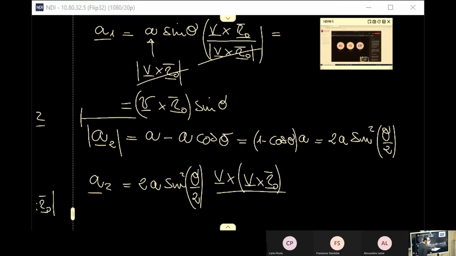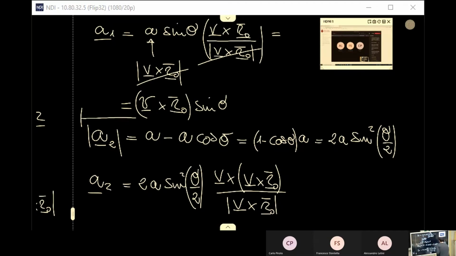Well, we can rewrite exactly the upper part of the fraction, but v doesn't add anything, right? So we can even just write v times r0 over bar. Are you with me with that?